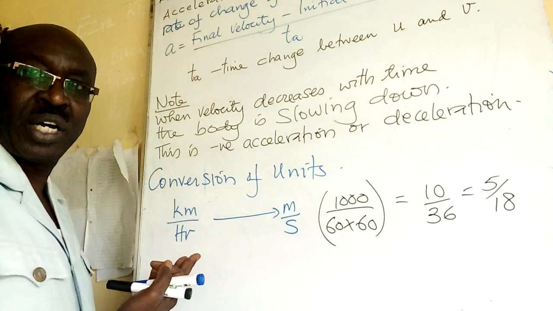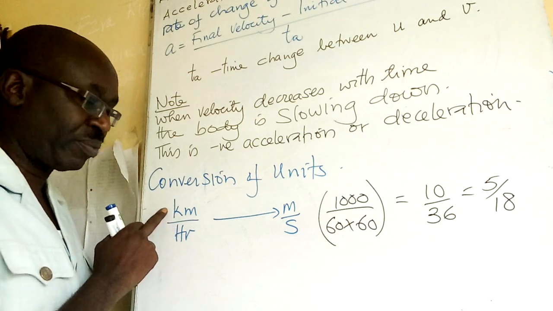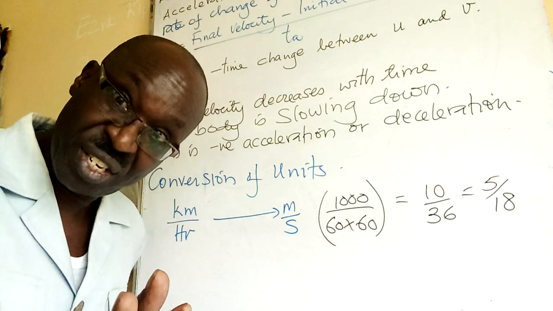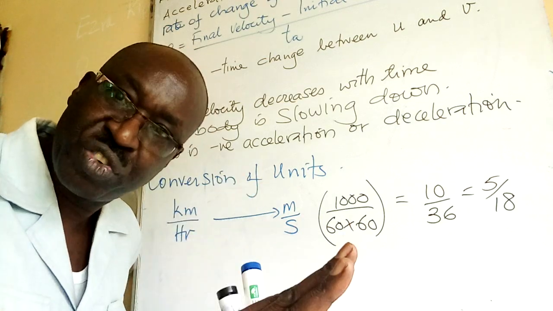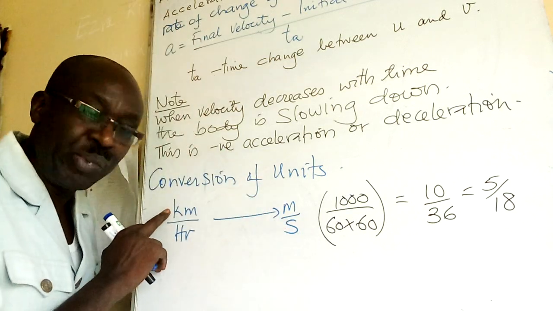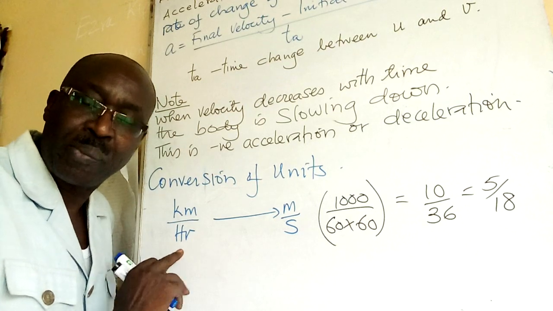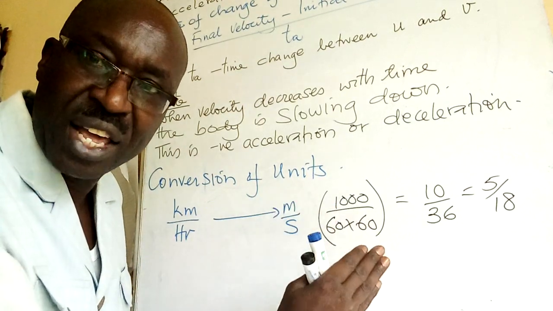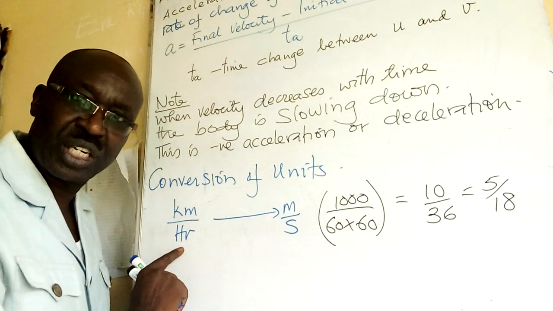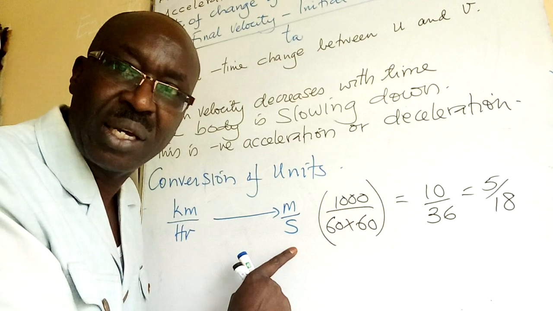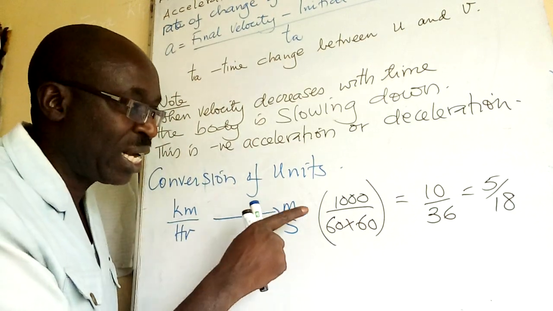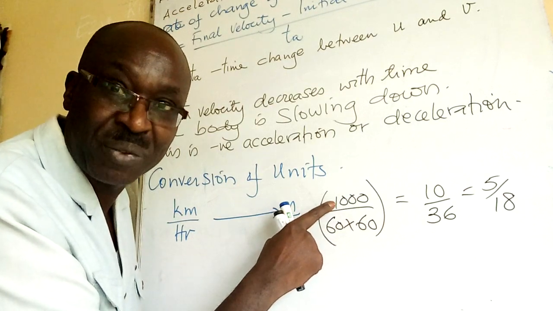Now, we may be given kilometers per hour. You know, we are studying about motion of bodies. So when a body moves, that motion may be expressed in kilometers per hour. But suppose we want to work with SI units. What would we do? It would mean we change kilometers per hour to meters per second. So you ask yourself, 1 kilometer has how many meters? 1,000.